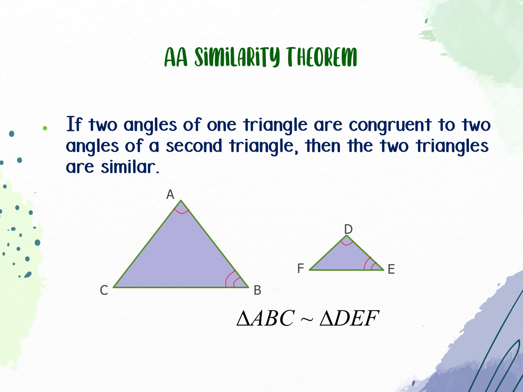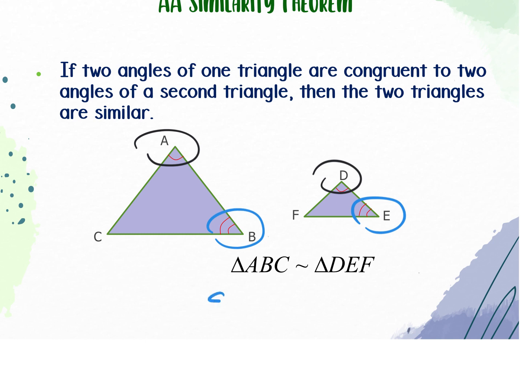Now, if I'm asking to prove 2 triangles are similar, all I need to look for are 2 congruent angle pairs. So in this particular picture, I've been given that angle A is congruent to angle D, because it's got the little congruency mark, and then I can also see that B is congruent to E. So because I have 2 congruent angle pairs, I can say that these 2 triangles are similar, and I can write a similarity statement.